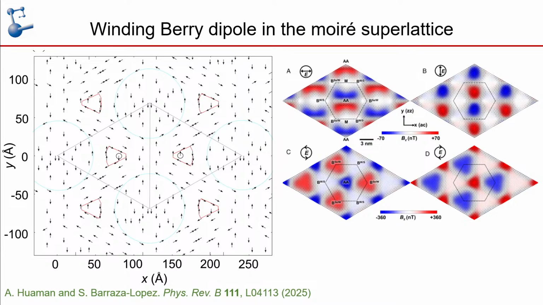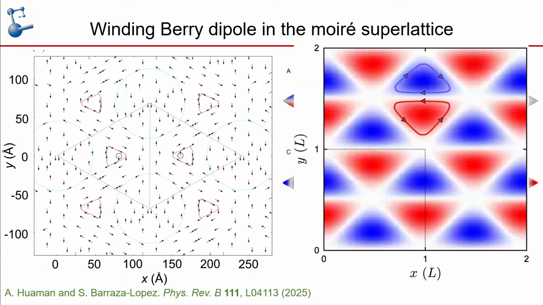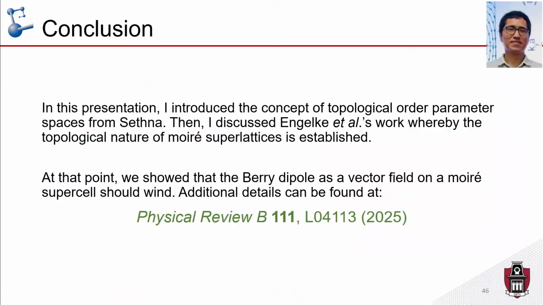And then we have Luis's recent work, just published maybe last week or even this week, where you have graphene and 2 lasers. Depending on how you orient the lasers, you also have circulating currents like this. And these are the references.